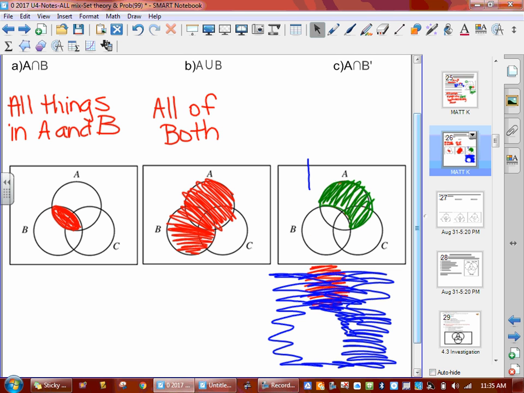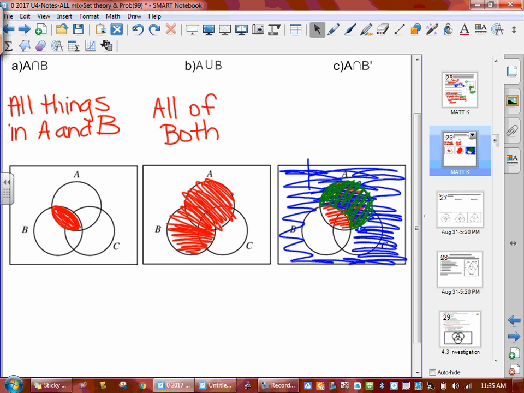Okay? So do you see how the double shading works? I wouldn't shade C. Okay, let me just back that up. So we shaded all of A and everything not B. The blue is everything not B. It includes C, right?